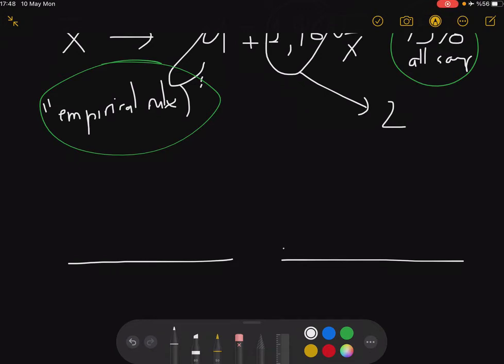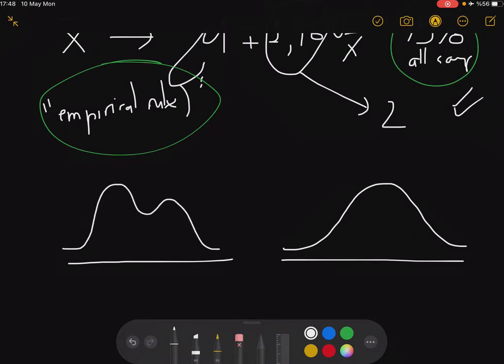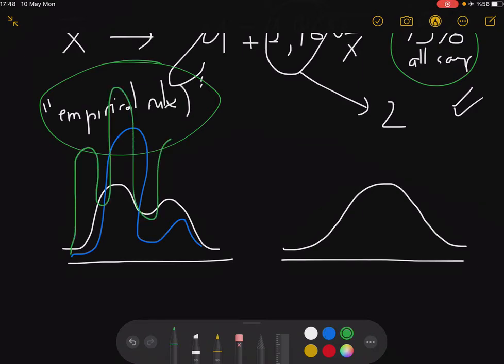Suppose that your distribution is like this, or like this, or many different types. Again, you can use Chebyshev theorem in this sense. That's the difference between the two approaches, I guess.